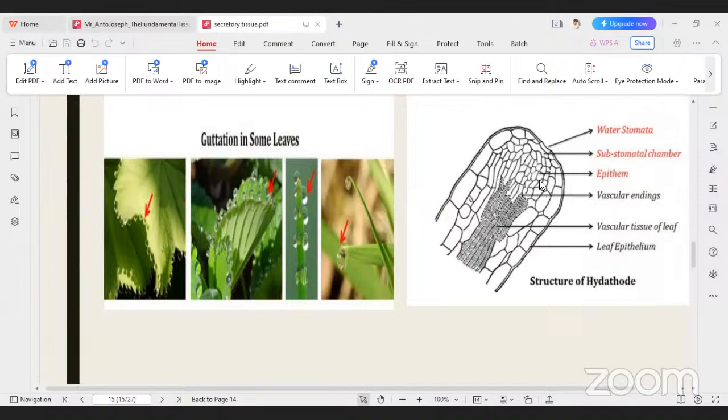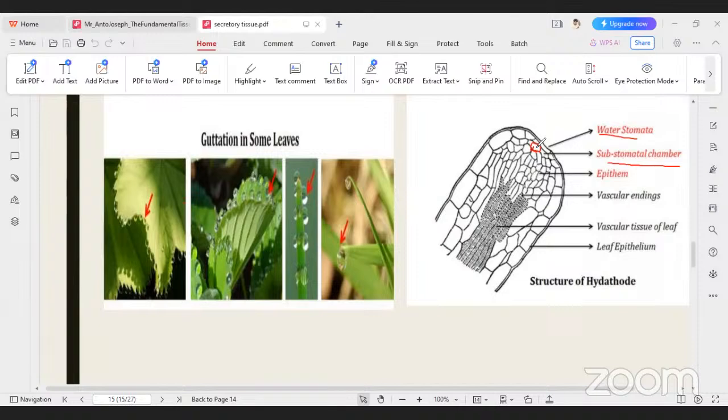Next, it continues with the help of living parenchymatous epithelial cells. These epithelial cells end with a substomatal chamber, where excess water is stored, and the water is released through the water stomata.